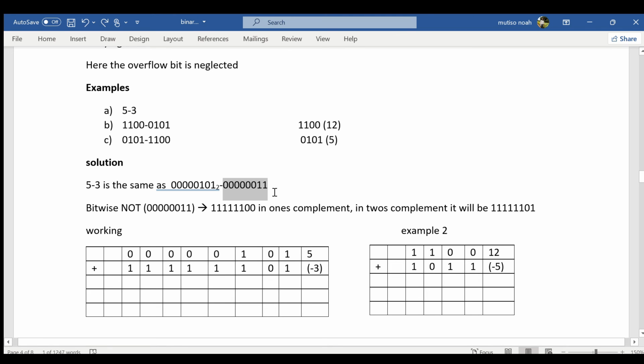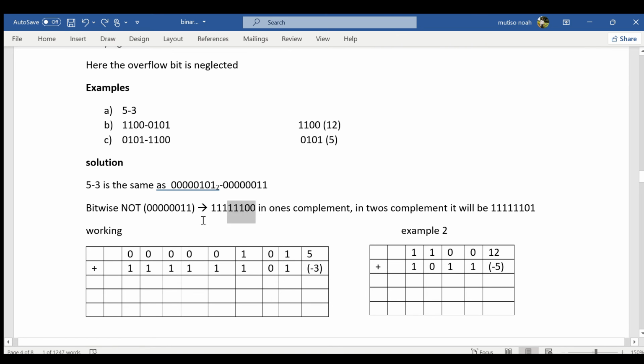We have to write the bitwise not complement of that number, which is this one. That is negating, as we learned from previous subtopics. We learned that you have to negate. So I have done the negation of the number which has to be subtracted.